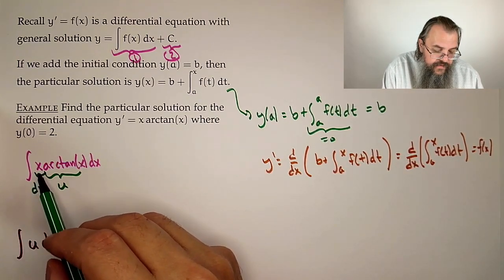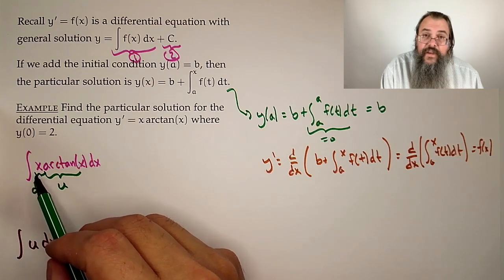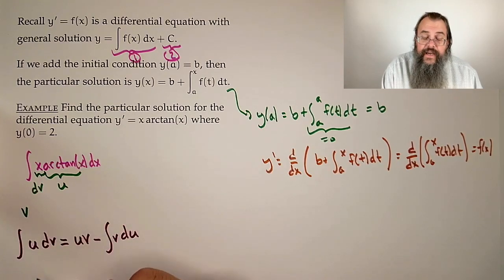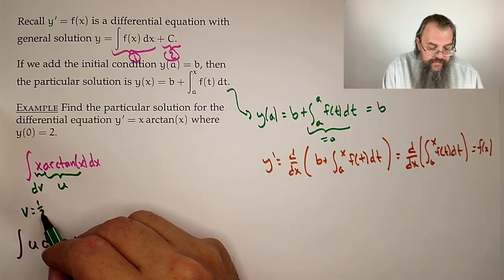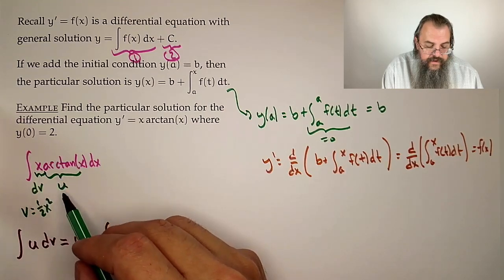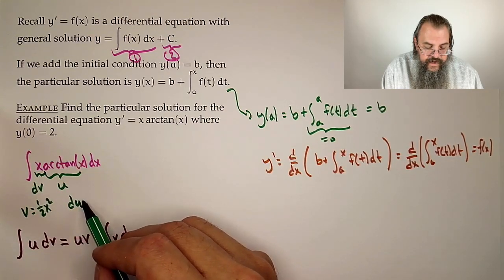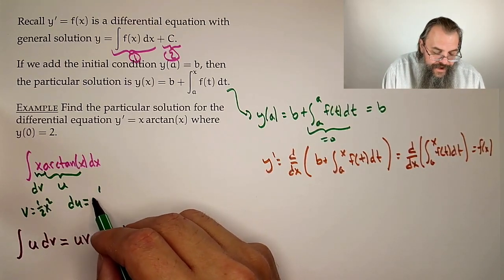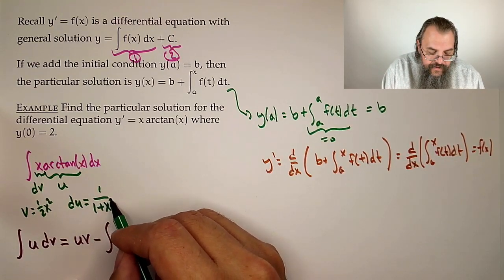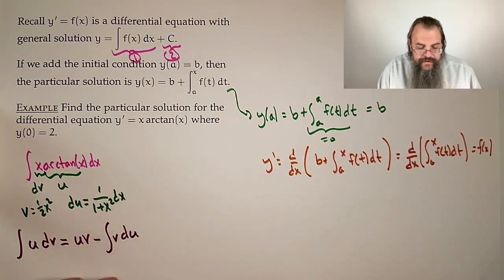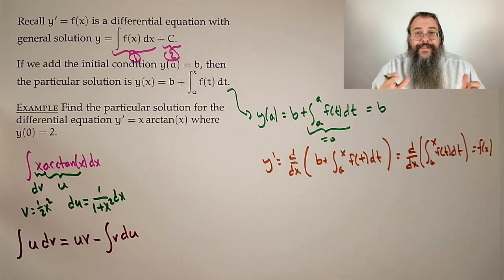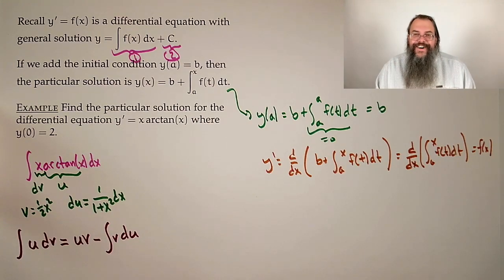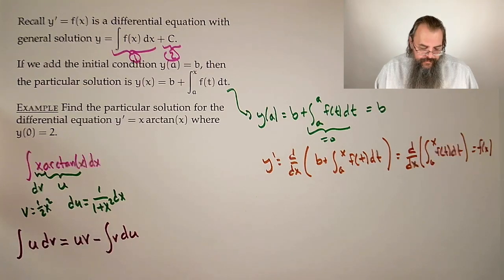Okay, if dv gave us x, what would v be? Or if you like, what's the antiderivative of x? It's a half x squared. And then, the other thing, what's the derivative of arctangent? 1 over 1 plus x squared. Amazing, amazing. No matter how many times I see that, it's like, what? That's so cool. Beautiful.